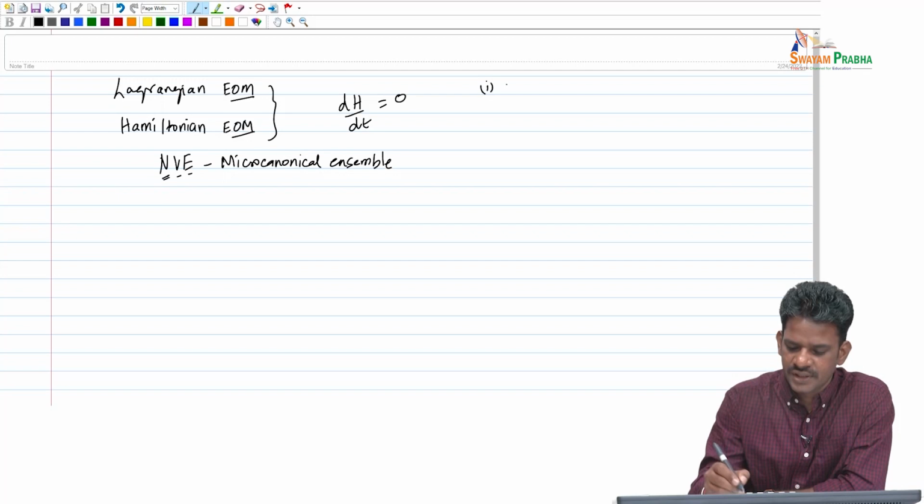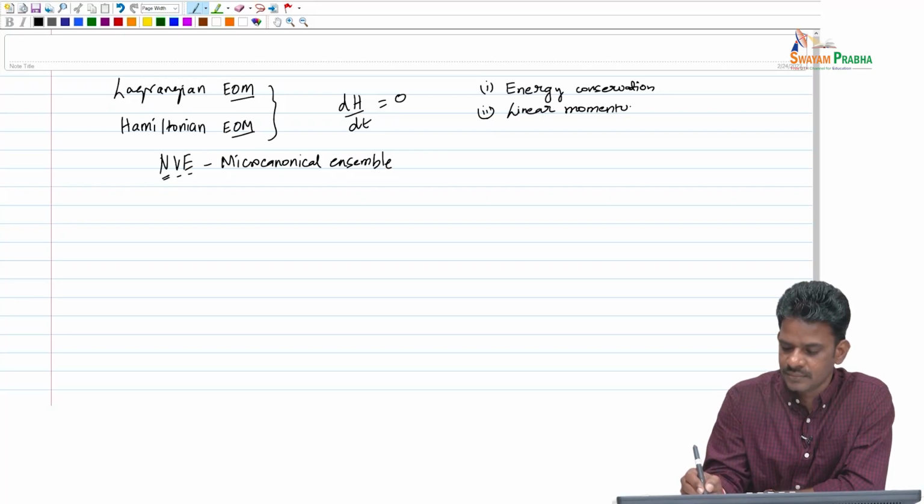So, the first one is energy conservation, which we already noted, and then we will also see that for the system the linear momentum is also conserved, and third, the angular momentum is also conserved.